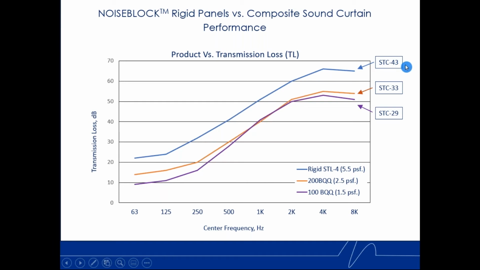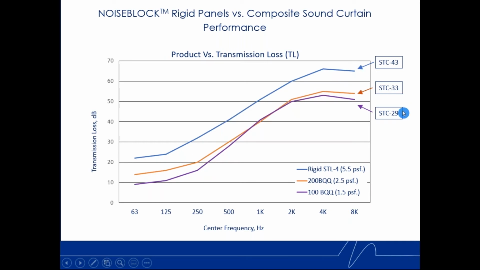Sound transmission class value is dimensionless, and basically the higher the number, the better its ability to block sound. So we can see that the steel panels, the rigid panels, which are about 5.5 pounds per square foot for this application in weight, are quite massive, and they do quite a good job at controlling noise at 63 hertz all the way up to 8,000 hertz.